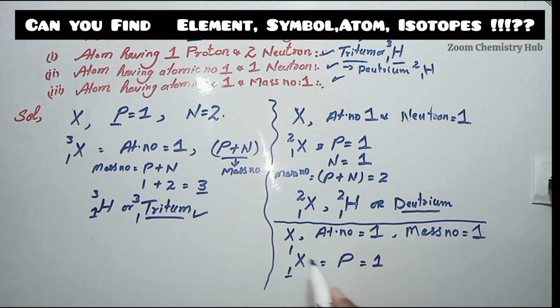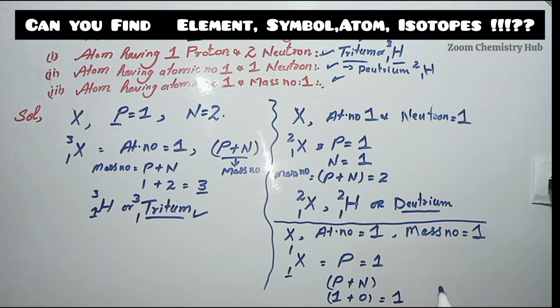And the mass number, we know, is the number of protons and neutrons. So here we have proton number 1 and neutron number 0, because the X element has mass number 1.